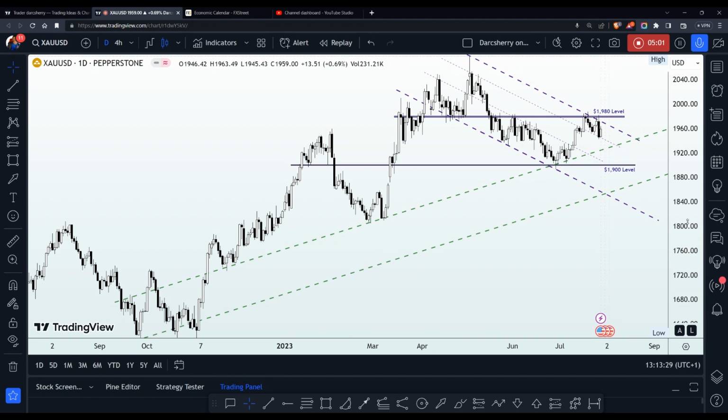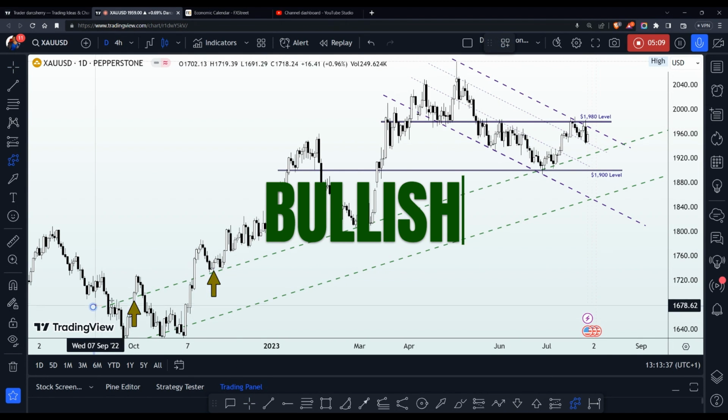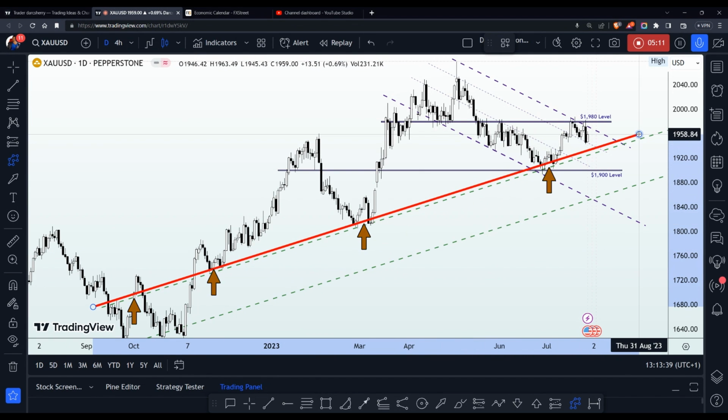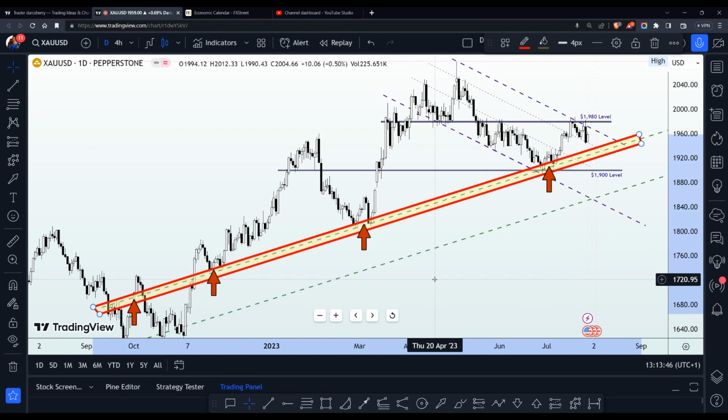Now, the first parameter I was able to spot here is the fact that since the last quarter of last year, price action has been very bullish. And in fact, I had an ascending trend line identified after connecting the series of higher lows, giving us something to work with for this week.